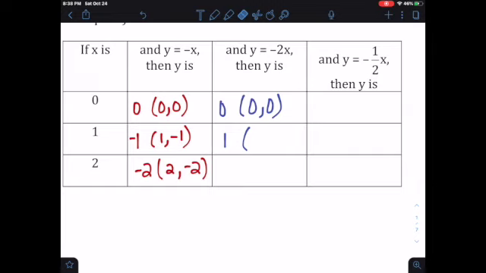So it's going to be 1, -2. Then the next one is 2 going in for x. And the 2 plugged into x is going to be -4. So the answer is 2, -4. Those are the x values going in.